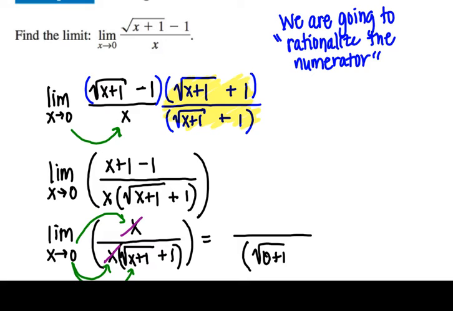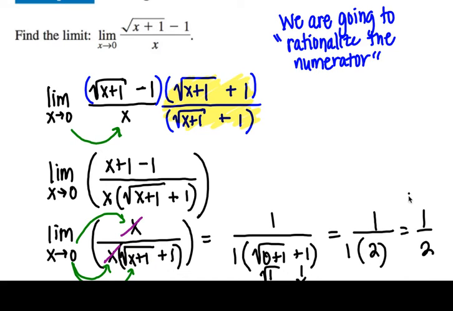I have a 1 in the numerator, a 1 in the denominator, and the square root of 1 plus 1. So that's 1 over 1 times 0 plus 1 is 1, and the square root of 1 is 1. 1 plus this 1 is 2. This is equal to 1/2. Now, if you find yourself with a 0 over 0, you forgot to cancel out your problem.